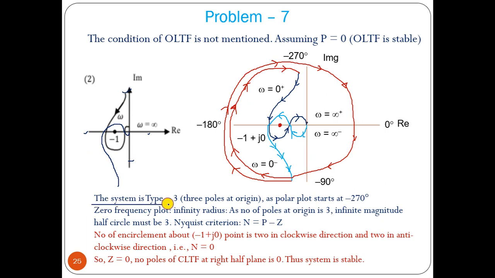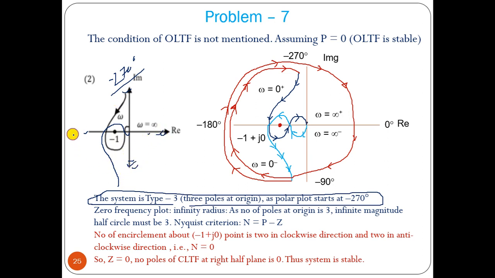This system is type 3, 3 poles at origin, as this polar plot starts from minus 270 degree. If the polar plot starts from the minus 90 degree line from infinity, then it is type 1, type 2, type 3. So this is a type 3 system, so minus 270 degree.